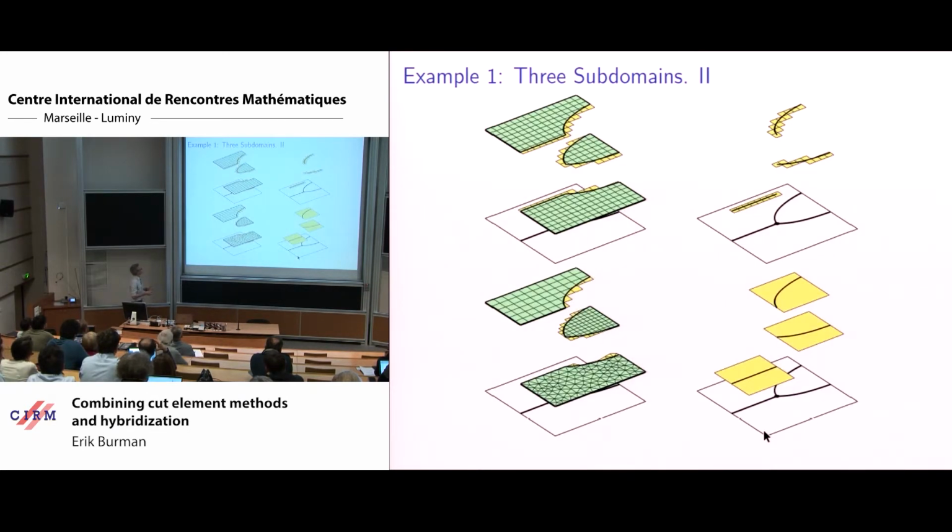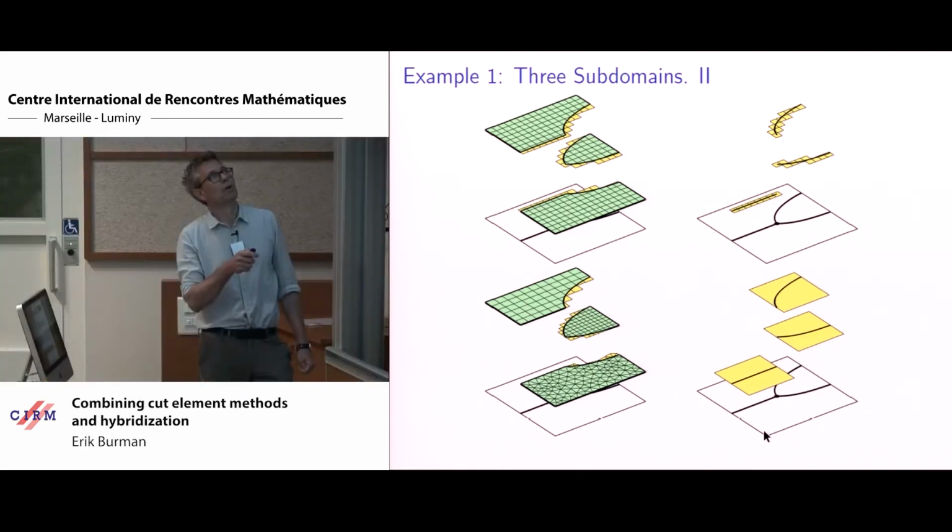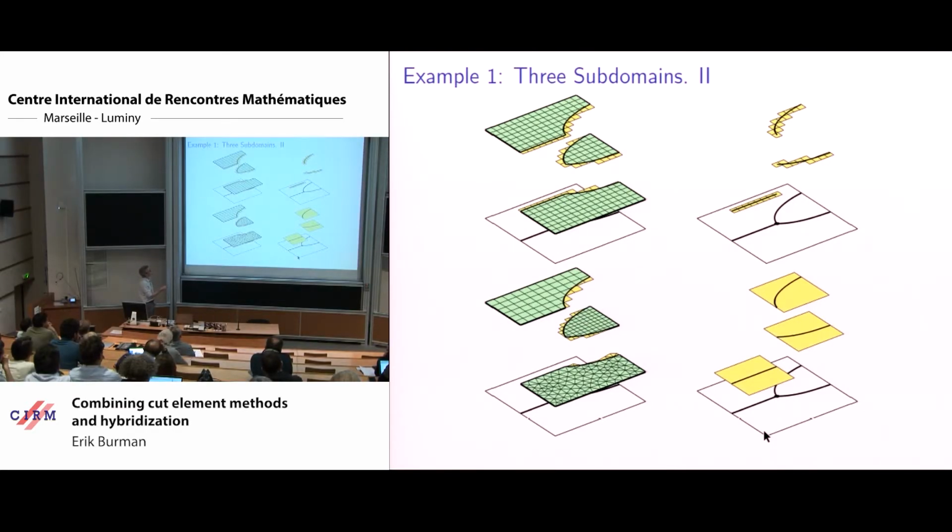And so it looks like this. Here we extract the bulk domains from the global mesh, and we get the 3 submeshes. And you see we get these meshes extracted for the trace. And in the other case, I have different meshes: quadrilateral, quadrilateral, and triangular.